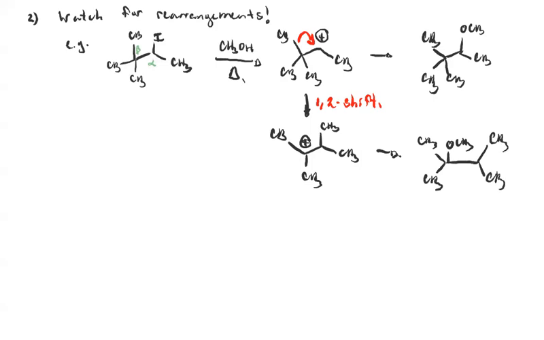And in fact, this rearranged product, as you might expect, is the major. The unrearranged is the minor product, okay? So those are the two things that you have to keep in mind. Loss of stereochemistry, and because we make a carbocation, watch out for rearrangements, okay?